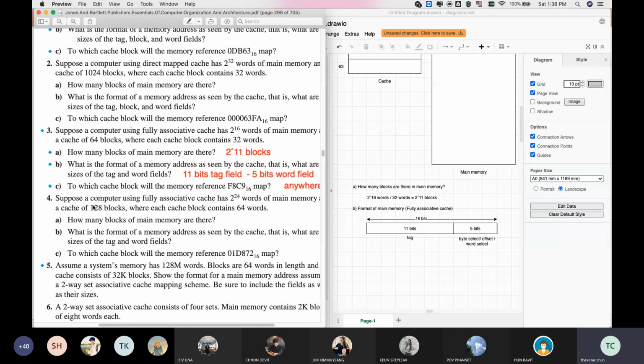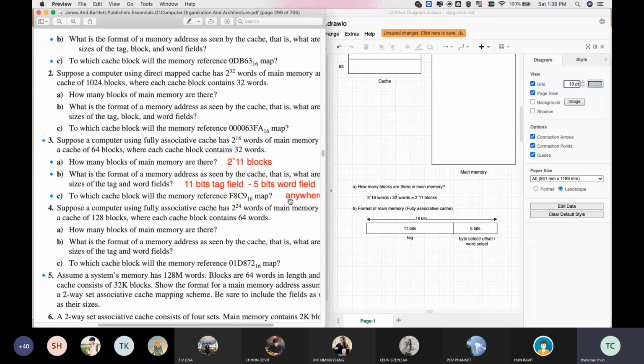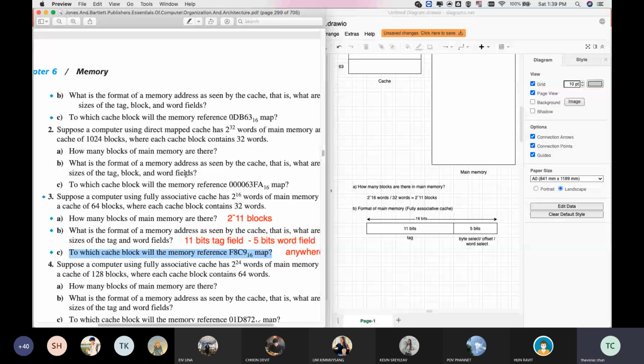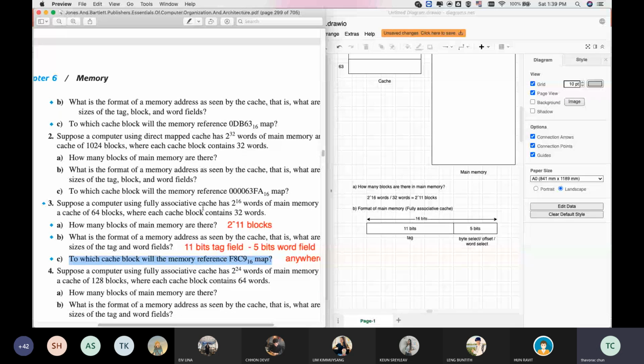And then question C, the same setup as questions 1 and 2, but we want to find the address FAC9. And for the address FAC9 here, you don't need to convert to binary like you did in the previous exercise, because we are using fully associative.